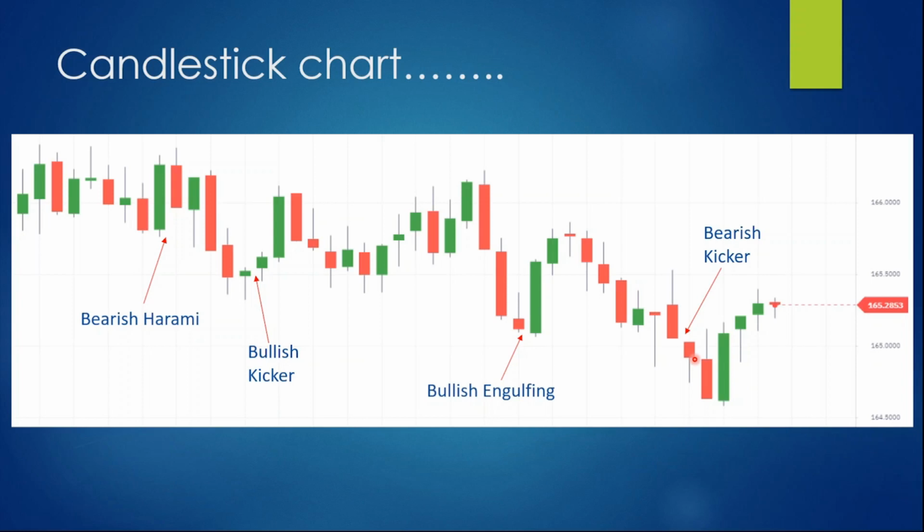Next candle, bearish candle. Sometimes you will think I am misguiding you because in my previous video I showed you here there is a hammer candle and here there is an inverted hammer candle. But now I am talking about a bullish kicker and bullish engulfing. Don't worry about this.